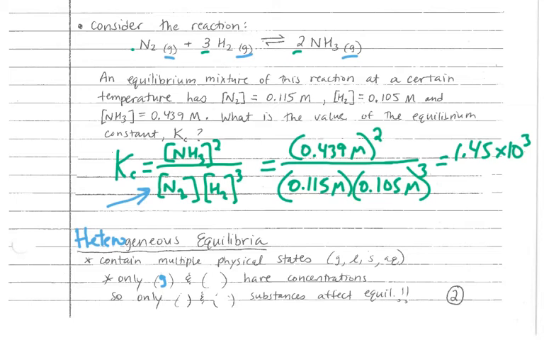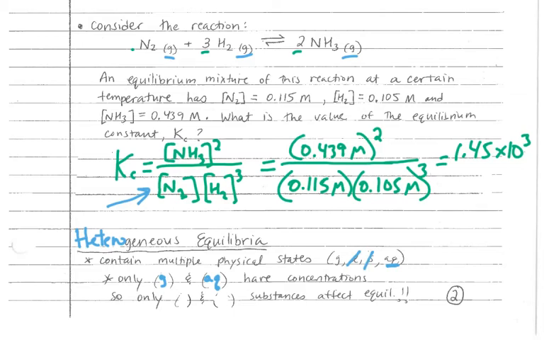Pure liquids do not have a concentration. Pure water does not have a concentration. Only when we add something to it and it becomes a solution, aqueous, does it have a concentration. All right, so only gases and aqueous things have concentration. Solids and liquids do not have concentration.